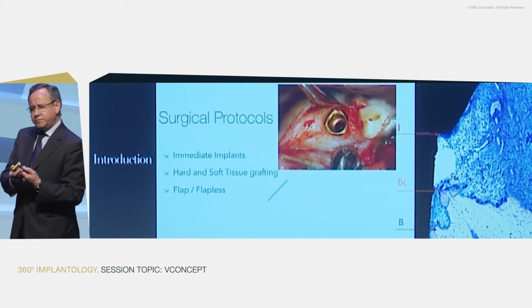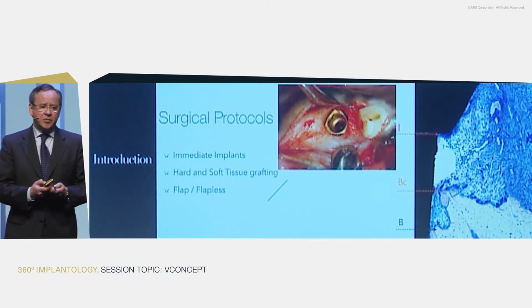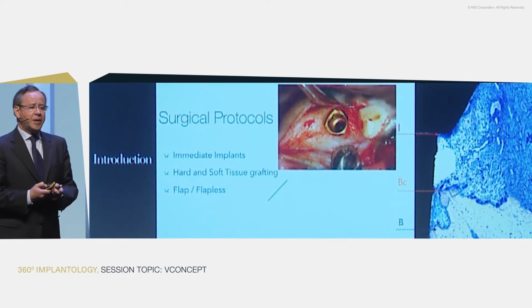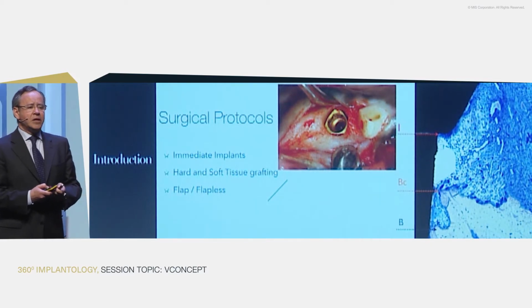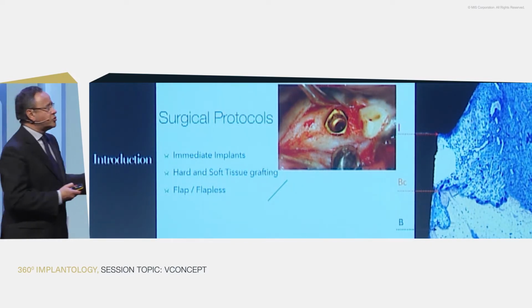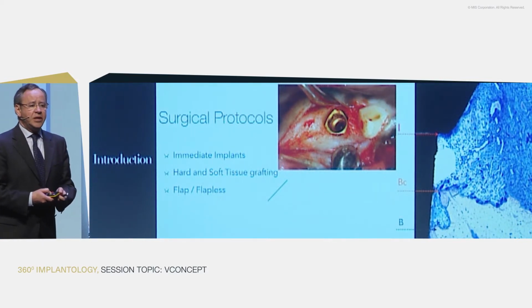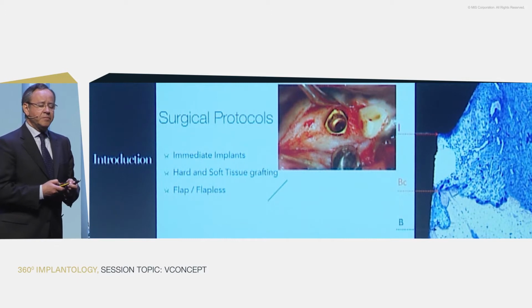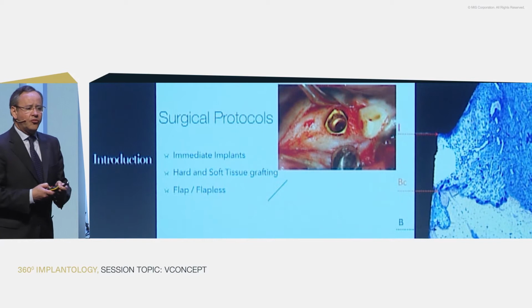We have not only looked at different implant designs, but we have also looked at the impact of the different surgical approaches, surgical protocols. And of course, we have placed a lot of importance on immediate implants. This is a very attractive protocol for patients and also for all of us.